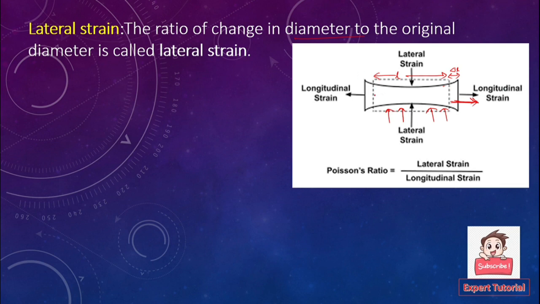Suppose its original diameter was d1, and after the application its diameter becomes d2. So the change in the diameter to the original diameter, that is lateral strain. So lateral strain equals the change in the diameter, that is d1 minus d2, by d1, the original diameter. So this is the lateral strain.